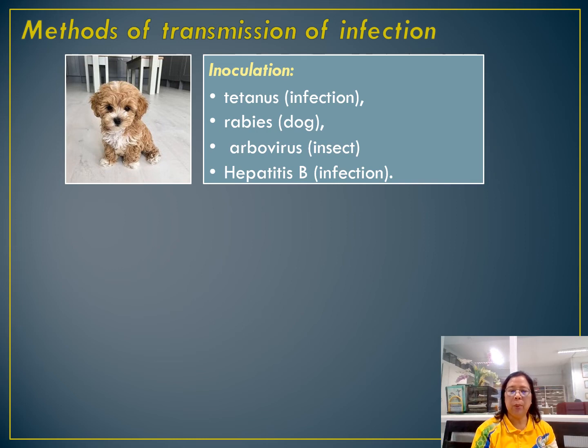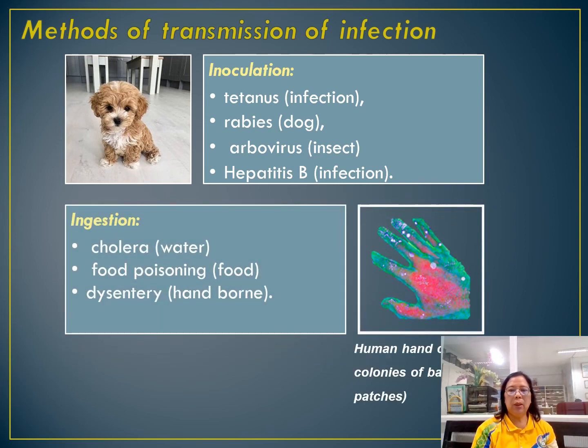There are different types of diseases related to insects, and then you have hepatitis. And then you also have ingestion through water, food, and even playing with or licking some parts of the body like the eyes and the fingers. That's why we usually scold or give warning to children who are playing with their fingers or thumb sucking.